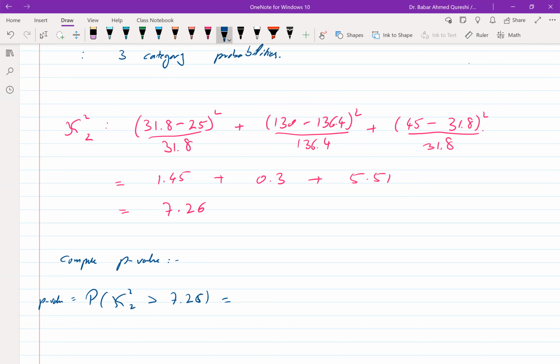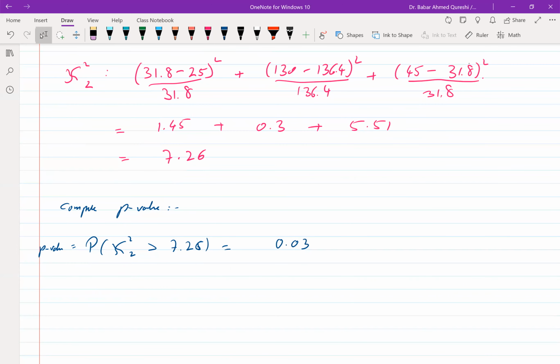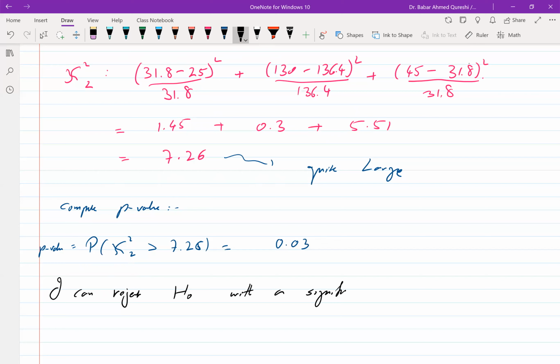So this gives me 0.03. That means this number is quite large, so I can reject, at significance 0.03.